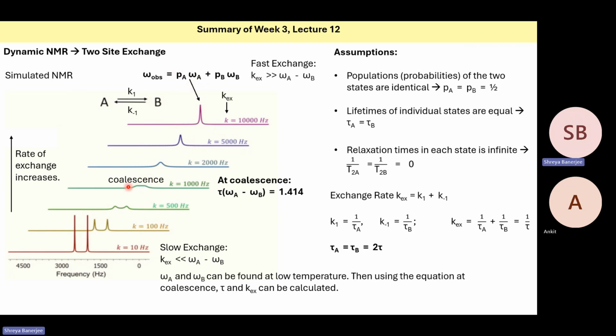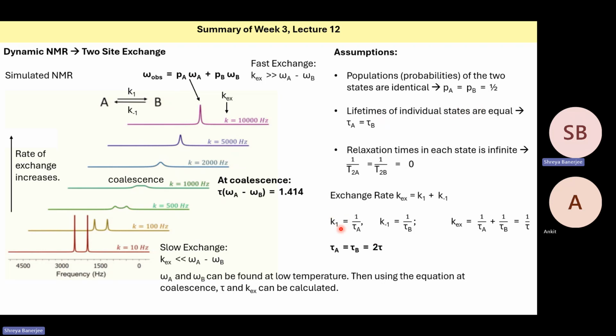Now, coalescence is that point where they have merged. At this exchange rate, you can still see two separate peaks. But the point at which both have merged is called coalescence. And there is a condition at coalescence. We'll define another thing called tau, which is the lifetime of the individual state.